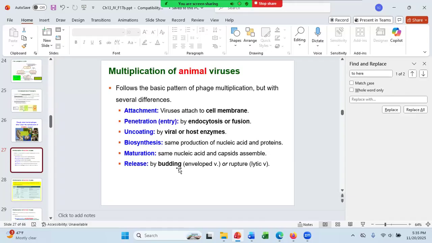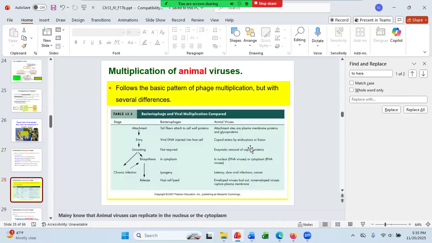You'll note that there is no lysogeny life cycle in an animal virus. Multiplication of animal viruses follows the basic pattern of bacteriophage multiplication with a few differences.